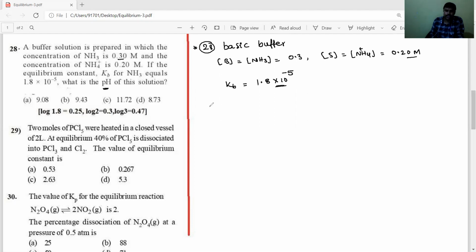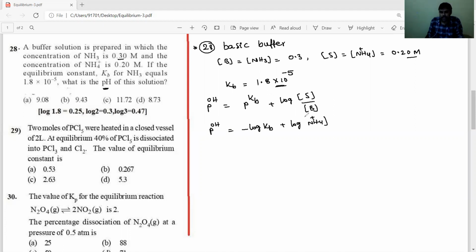Okay, Kb they gave. For this basic buffer solution, the pOH is equal to pKb plus log concentration of salt by concentration of base. Upon substitution, pOH is equal to pKb, that means minus log Kb, plus log concentration of salt, that is NH4 plus ions concentration, and base is ammonia.